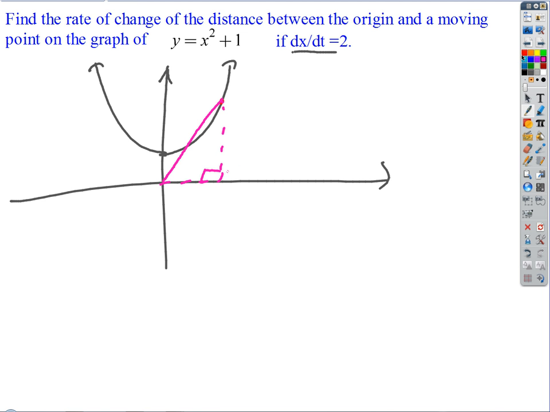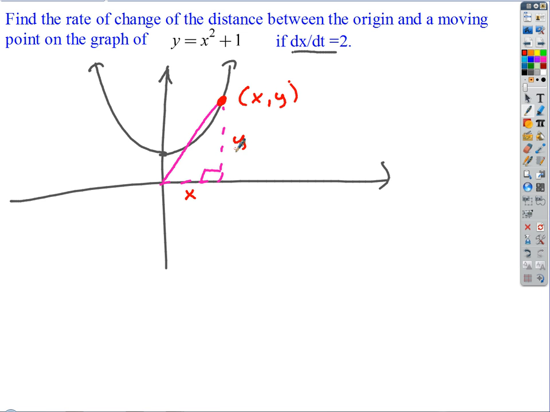It's probably bad colors, but my red doesn't really stick out there. There's my red bead. What are the coordinates of the bead? We don't know for sure, but in general they're x and y. If we say the coordinates are x and y, then that's x and that's y in the right triangle.